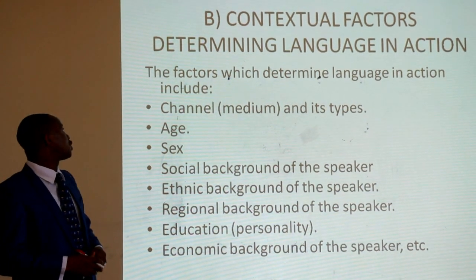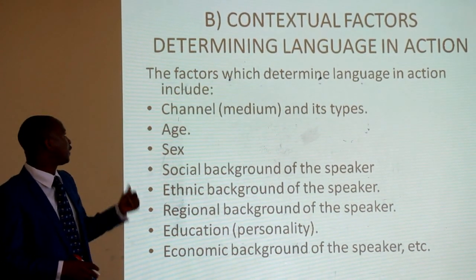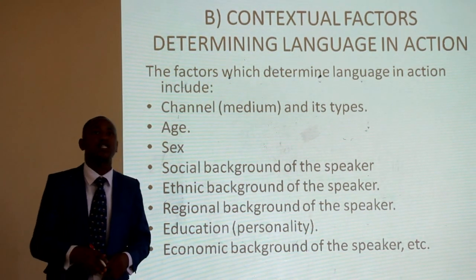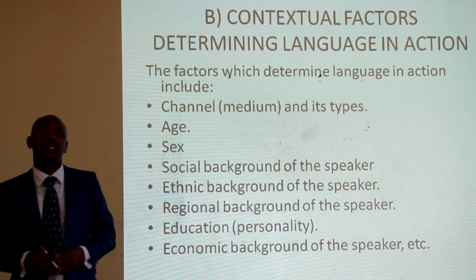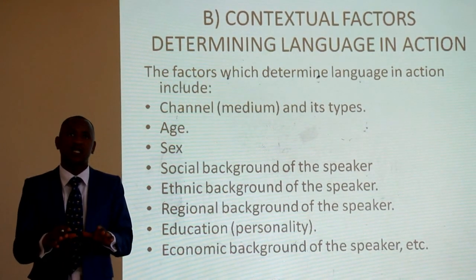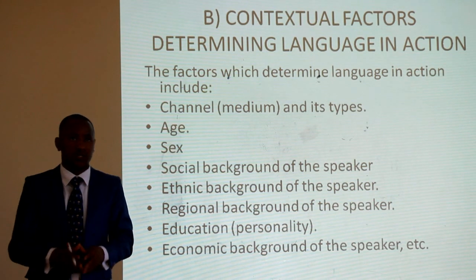Thereafter, let us talk about the contextual factors determining language in action. These are the factors which determine language in action.